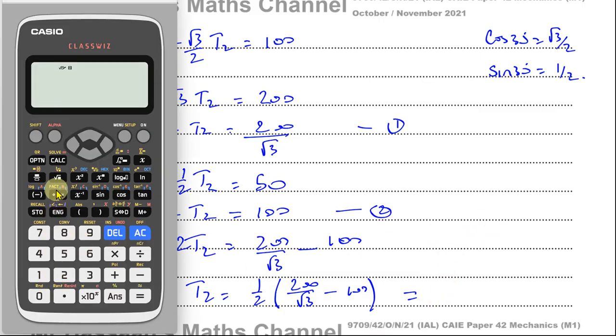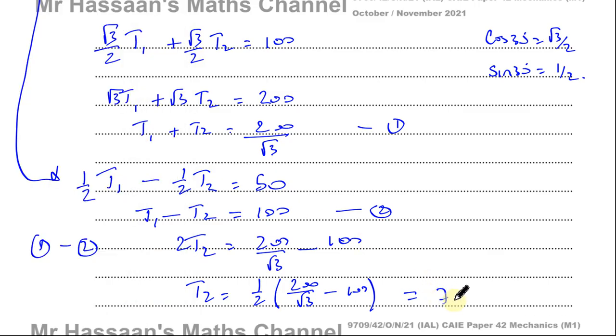Okay, so I'm going to do a half times 200 over root 3 minus 100, close the bracket, equals, and you get 7.7350.